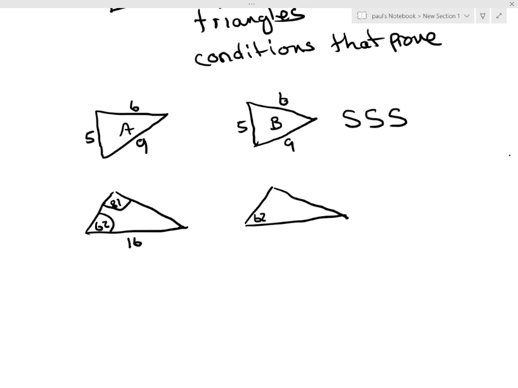So this is another condition that proves that these 2 triangles are the same as each other, and this is angle, side, angle. So we've got 2 now. It doesn't really matter which order you put these letters.